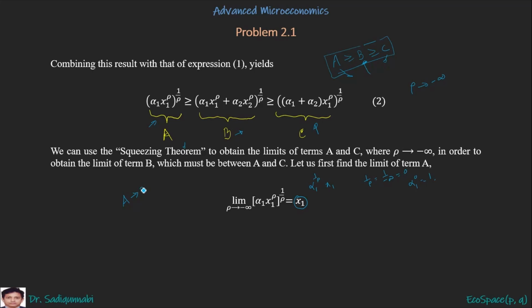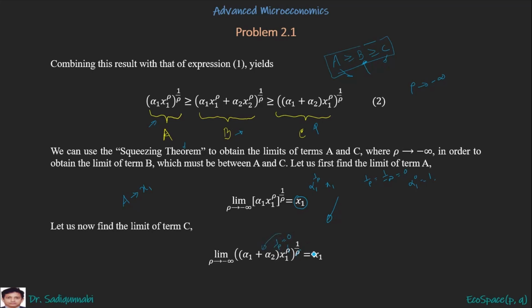Now what is the limit of term C? In a similar way, we can say that this to the power 1 upon rho, rho and rho cancel out, and 1 upon rho is equal to 0, and anything to the power 0 is equal to 1, so it is x1.